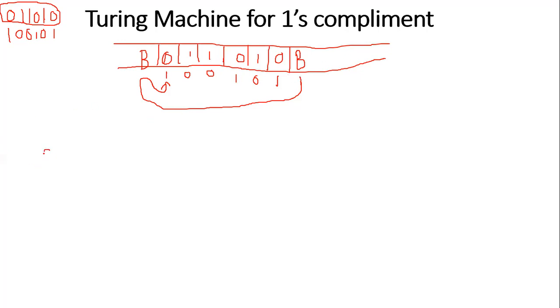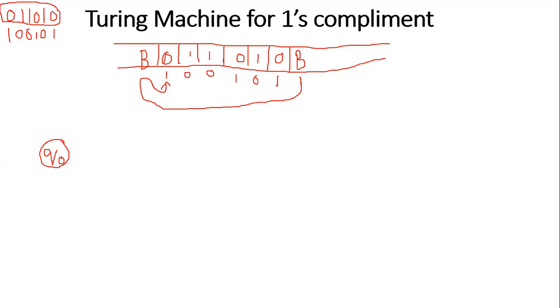It's very simple. What to do if you get 0 or if you get 1? You start from this position. The input string can start with 0 or 1; it can start with any symbol. What to do if you get 0? Replace it with 1, exactly.